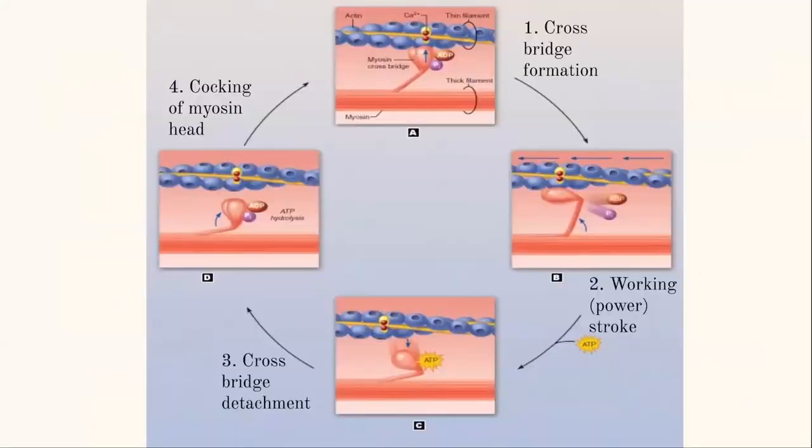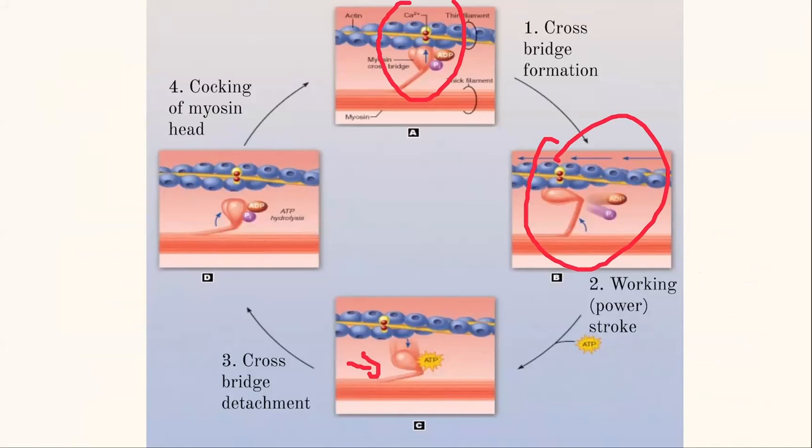So this is an overview. First you have the cross bridge formation right here, and you have the working power stroke. So the ADP and the phosphate releases, and you have an ATP molecule that comes in the third step, and it detaches the myosin head.